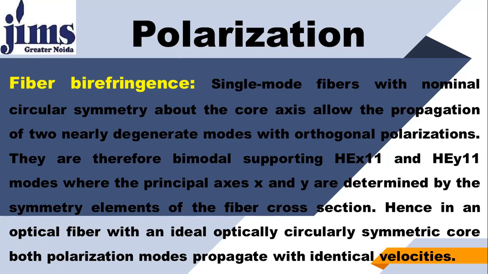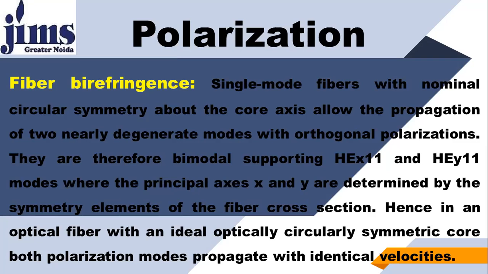Means when the signal travels through the optical fiber, after some time two modes are degenerate, and with orthogonal polarization, meaning the polarization states of these two degenerate modes are perpendicular to each other. If one mode has a polarization in the x direction, the other mode has a polarization state in the y direction. That's why we call it orthogonal polarization.